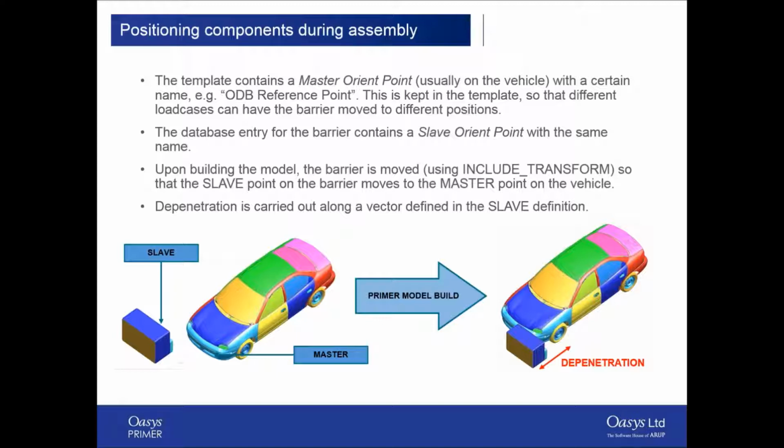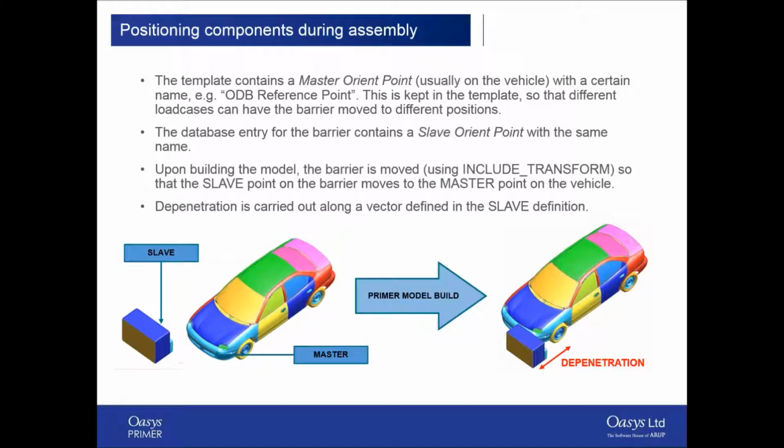So the way this works is you define a master orient point, and that's usually a point location on the vehicle somewhere, and you give it a certain name. So let's take this example as an ODB reference point. Now this is stored in the template because the position on the vehicle is usually determined by the load case that you're setting up. So it stays with the template, and the template defines the load case.